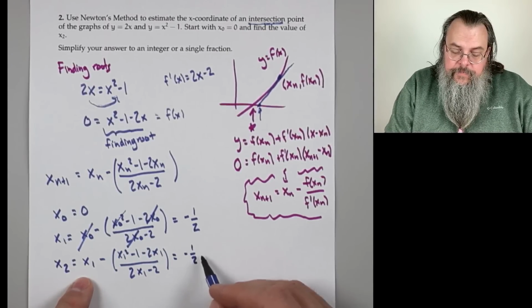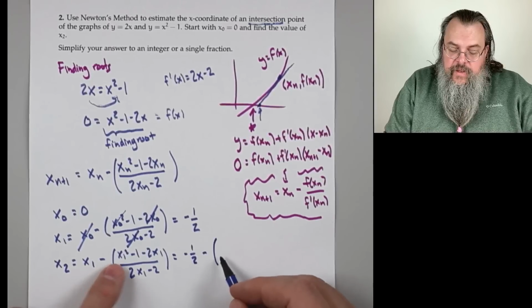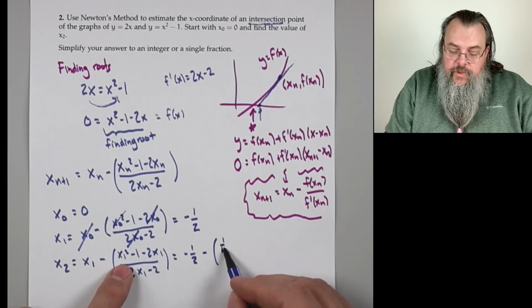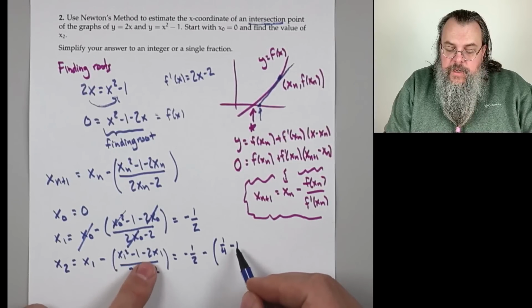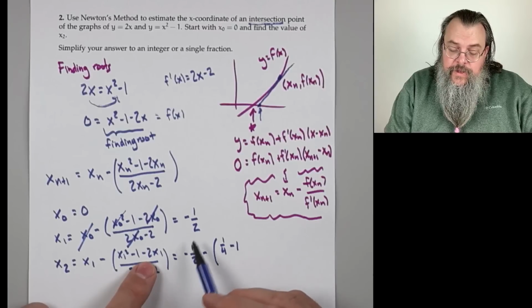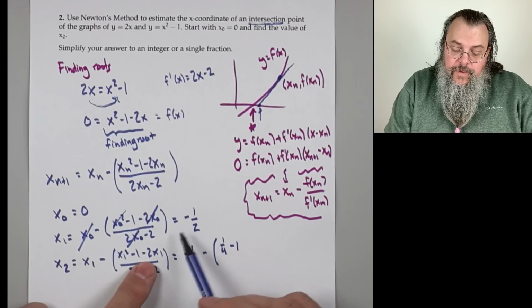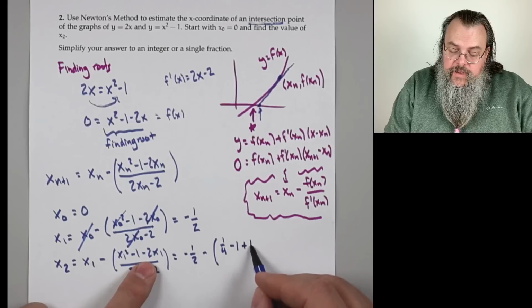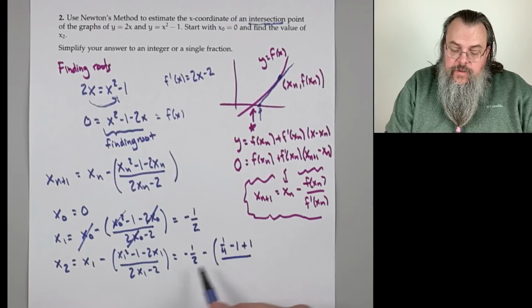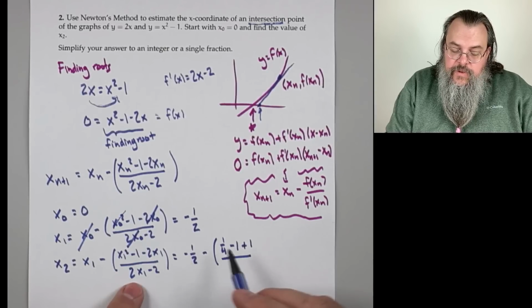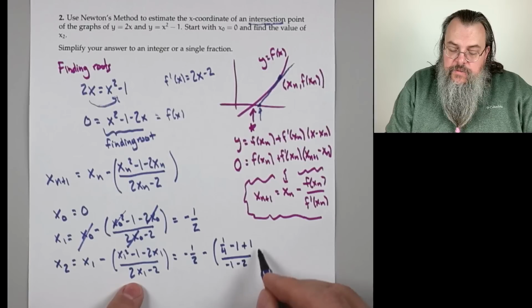Minus a half minus, okay, minus a half squared would be a fourth, minus 1, minus 2 times minus a half, well, that becomes plus 1, right? 2 times a half is 1, and 2 minuses make a plus.